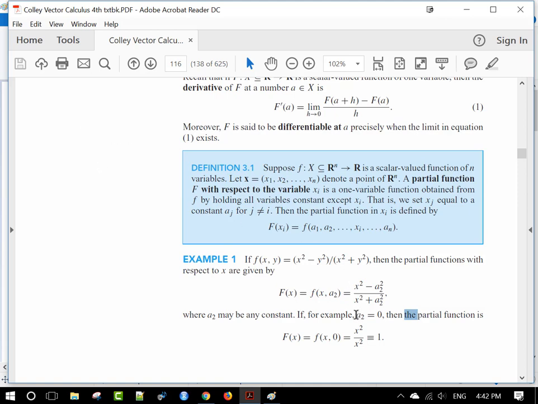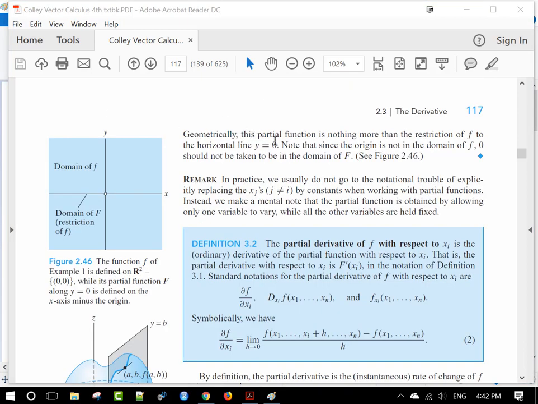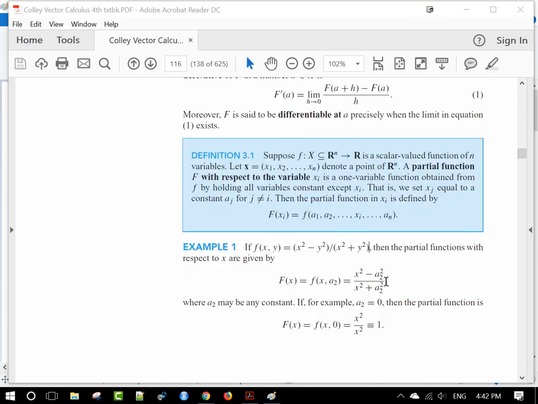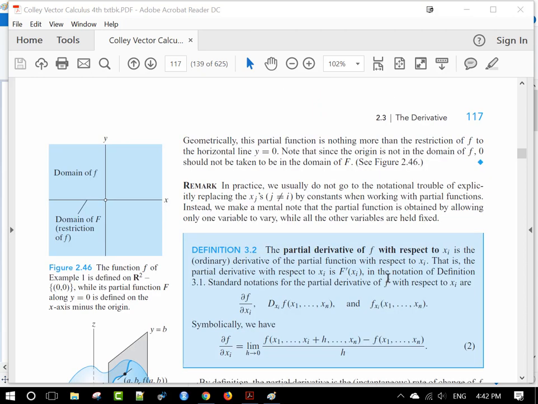If a is equal to 0, then this and this are 0, and then we get 1. Sorry about that. Okay. Then they say geometrically this partial function is nothing more than the restriction of f to the horizontal line y equals 0. That is, of course, if we make a equal to 0, if we make y equals 0, then we're just talking about this function. We're only thinking of the domain as along the x-axis.